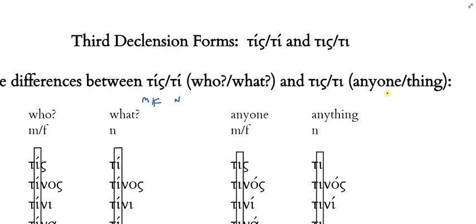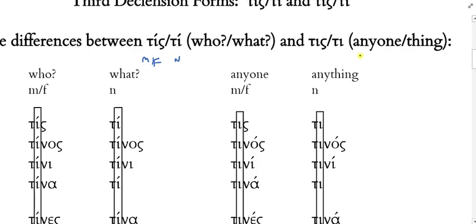For example, if you remember reading in the Gospels, you might remember reading something like a certain lawyer came, or a certain man came, and it would be something like anthropos tis with that tis form. Okay, so that's what you're looking at. So someone, something, anyone, anything, a certain one, a certain thing.